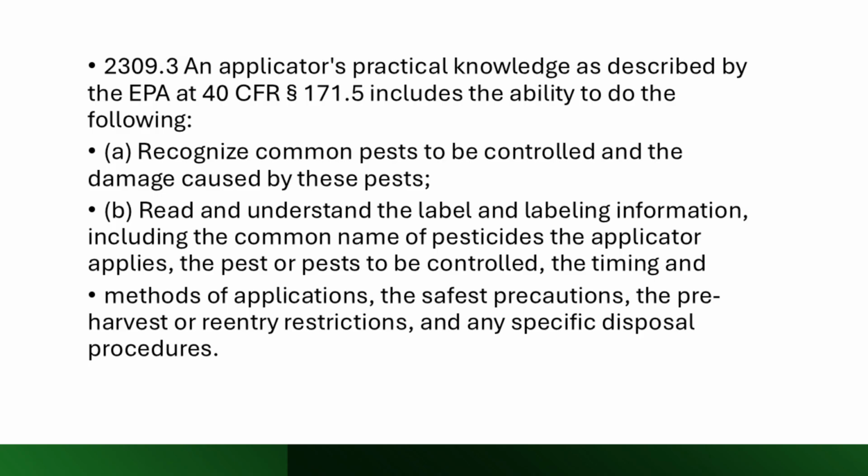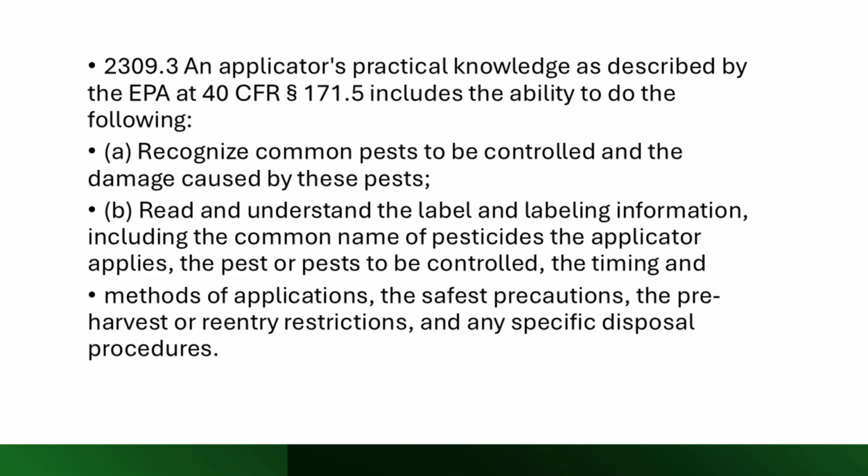2309.3. An applicator's practical knowledge, as described by the EPA at 40 CFR 171.5, includes the ability to do the following: A. Recognize common pests to be controlled and damage caused by these pests.